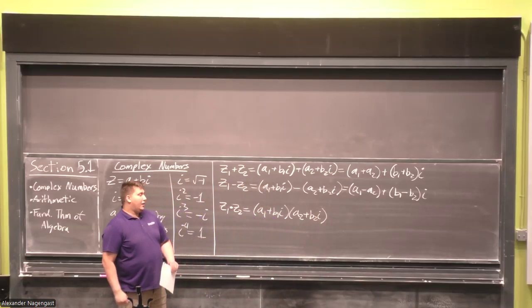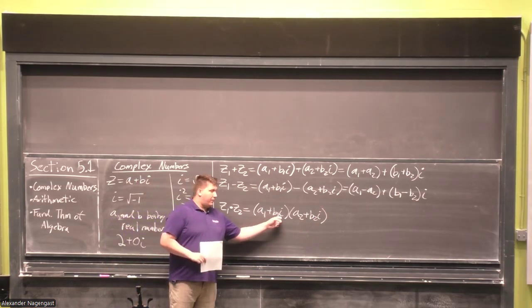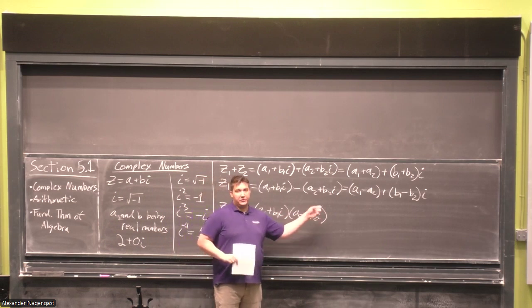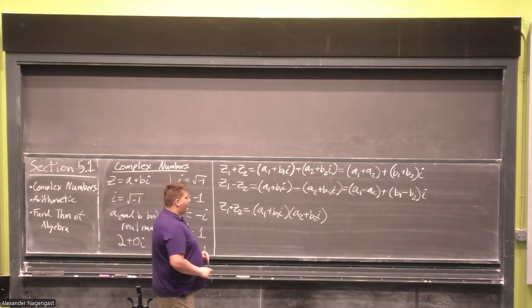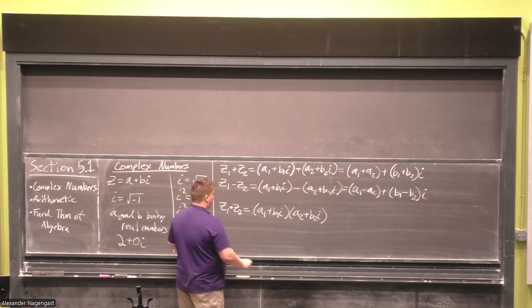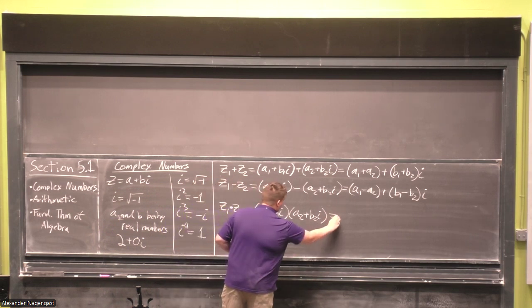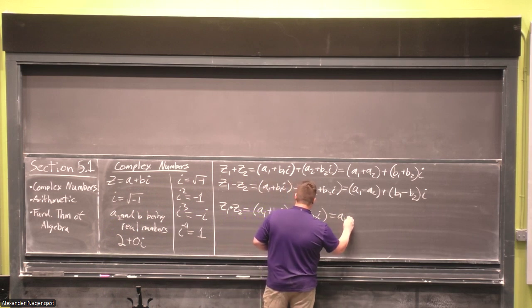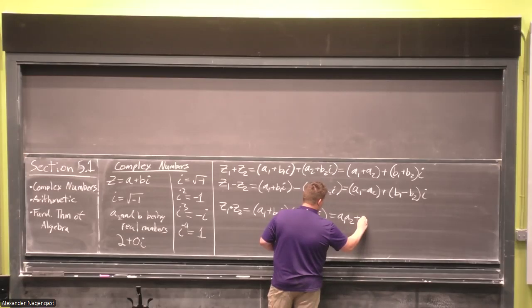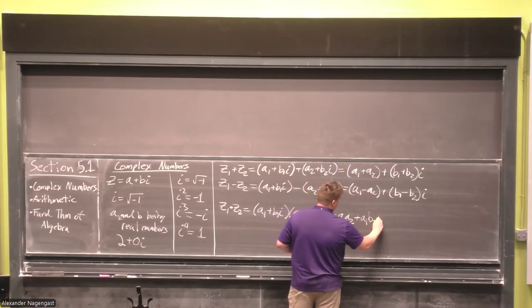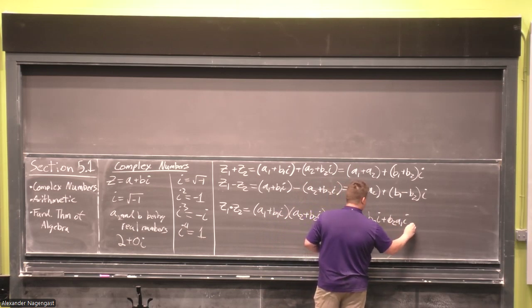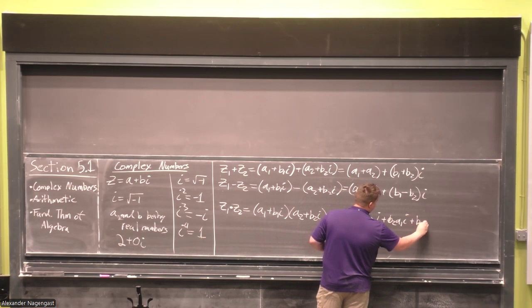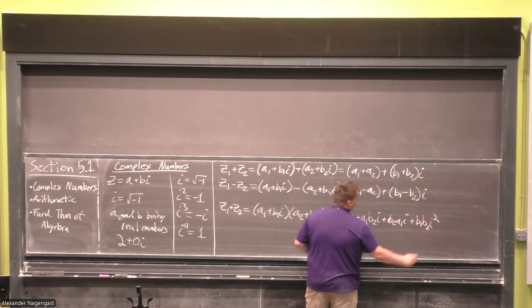And if I wrote this with a1 plus b1x and a2 plus b2x, we would just use FOIL, or as I prefer, double distributive, and we would get the result of a1 times a2 plus a1 b2 i plus b1 a2 i plus b1 b2 i squared.